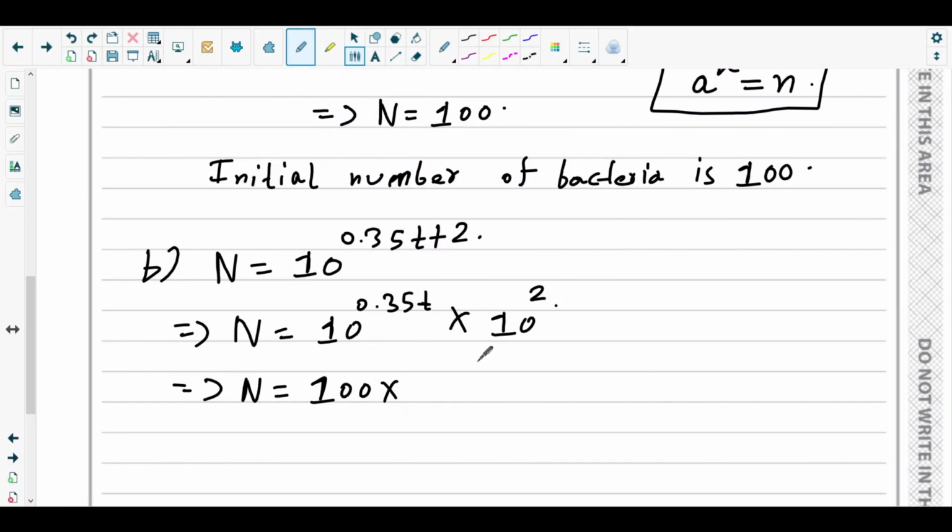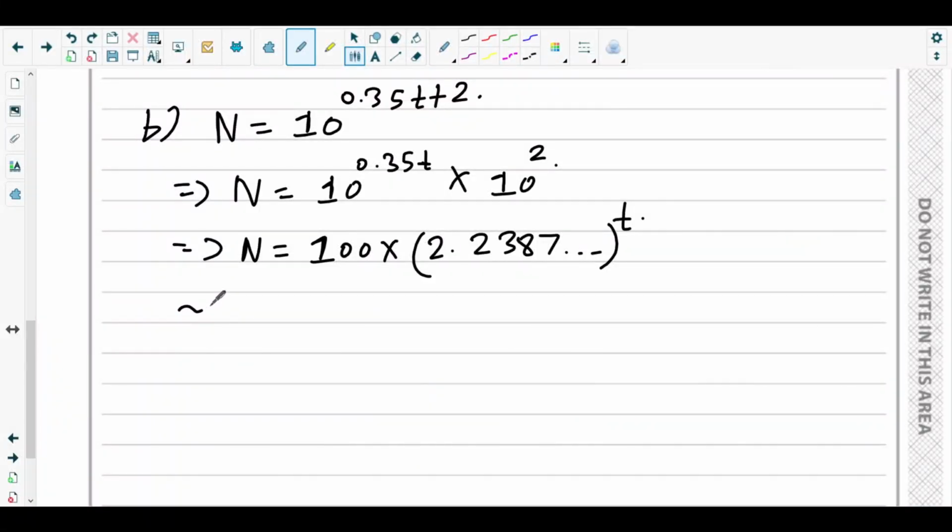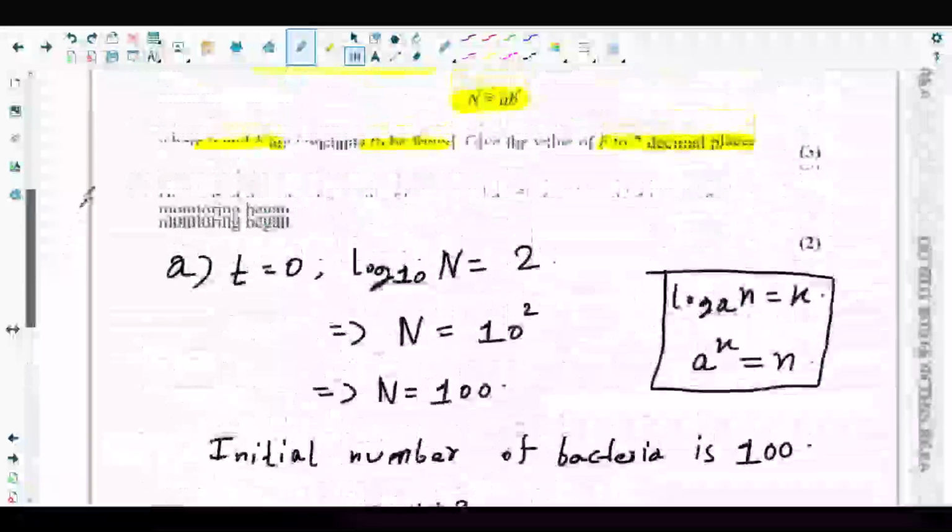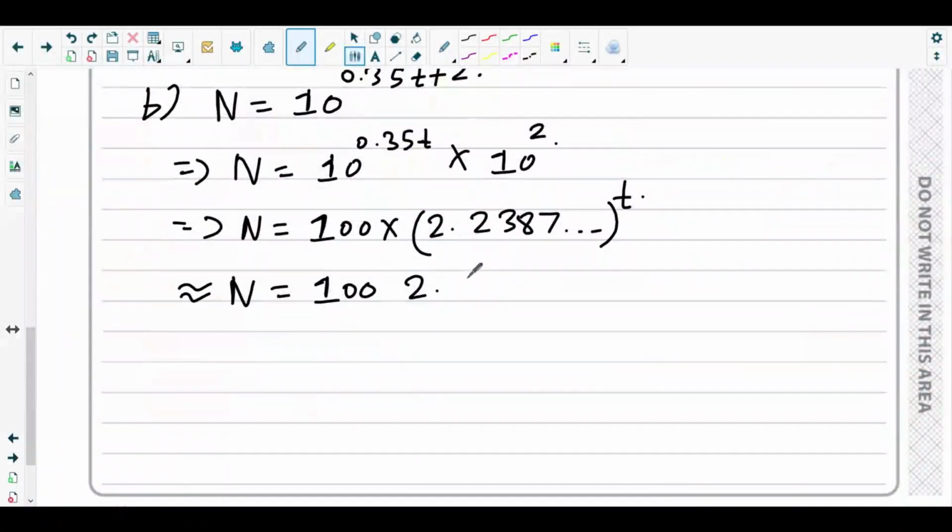10 to the power 0.35 is basically 2.2387 something. They wanted 2 decimal places, so n can be written as 100 times 2.24 to the power t.